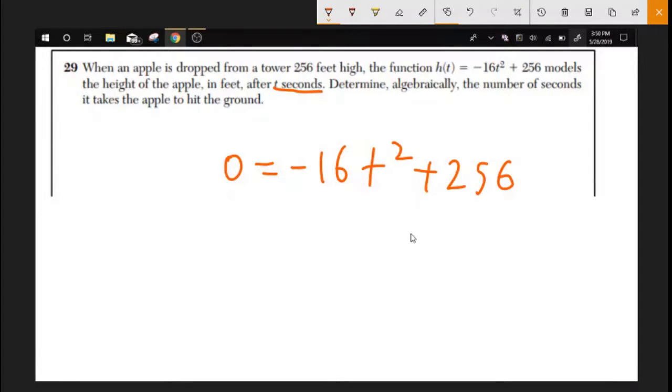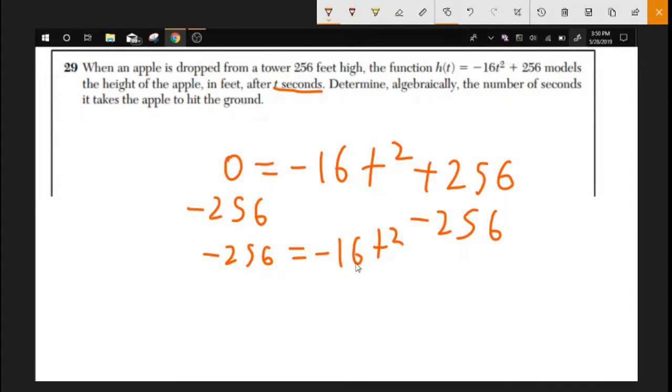Alright, and then we just solve for this variable with the tactics that we used in the last couple slides. So subtract first. Now you have 256 is equal to negative 16 t squared, and now we divide.